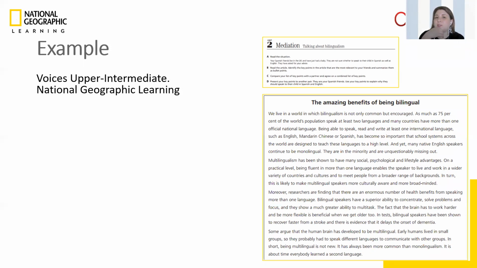But they should identify the key points which are relevant to their friend's experience, and summarize these points as bullet points. Then they should introduce these ideas, and as a result, they should convince their friends that they should speak to their child both in Spanish and English. You see, a few aims and a few stages.